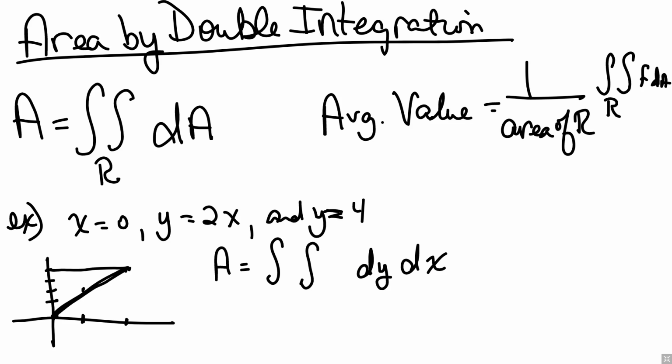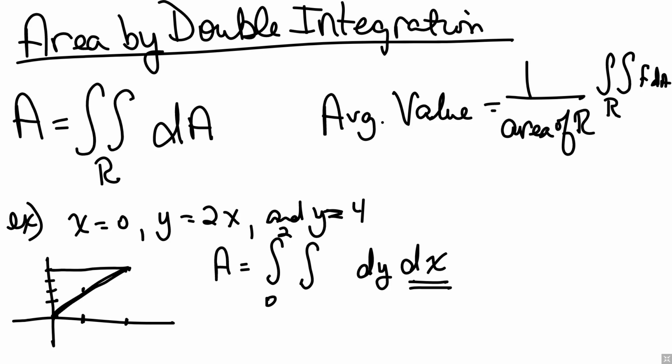If I'm doing dy then dx, on the outside is going to be x. Based on the graph, what will the x values be? 0 to 2. So we're going to do 0 to 2 here.